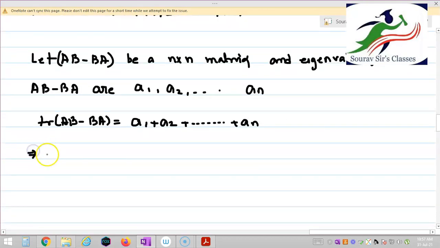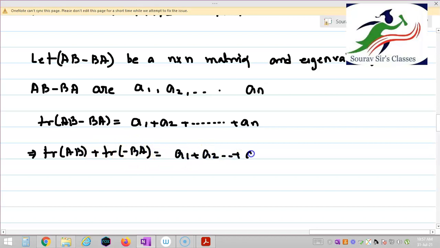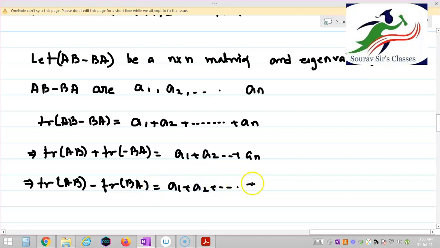Now let's simplify the left hand side. Using the linear condition, I can write it as trace of AB plus trace of minus BA. As minus 1 is a scalar, I can write this as trace of AB minus trace of BA, equal to A1 plus A2 up to AN.